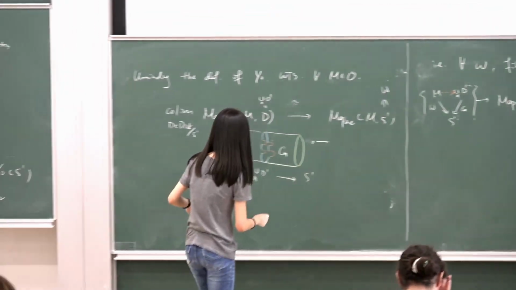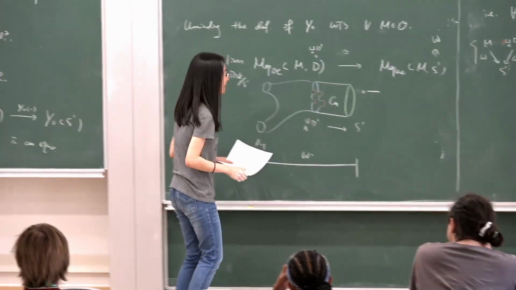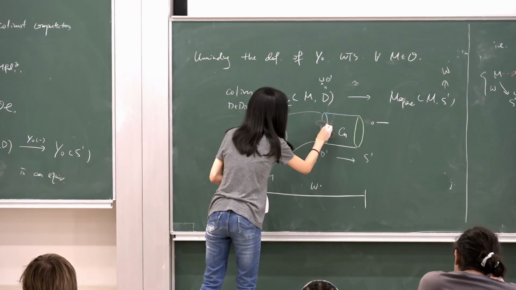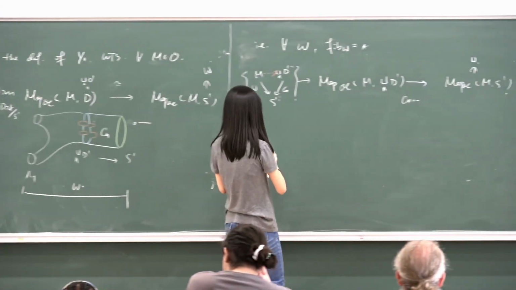Okay, so this is a lie. There has to be some circle boundaries here for this to be a composition. So maybe we draw a better picture.